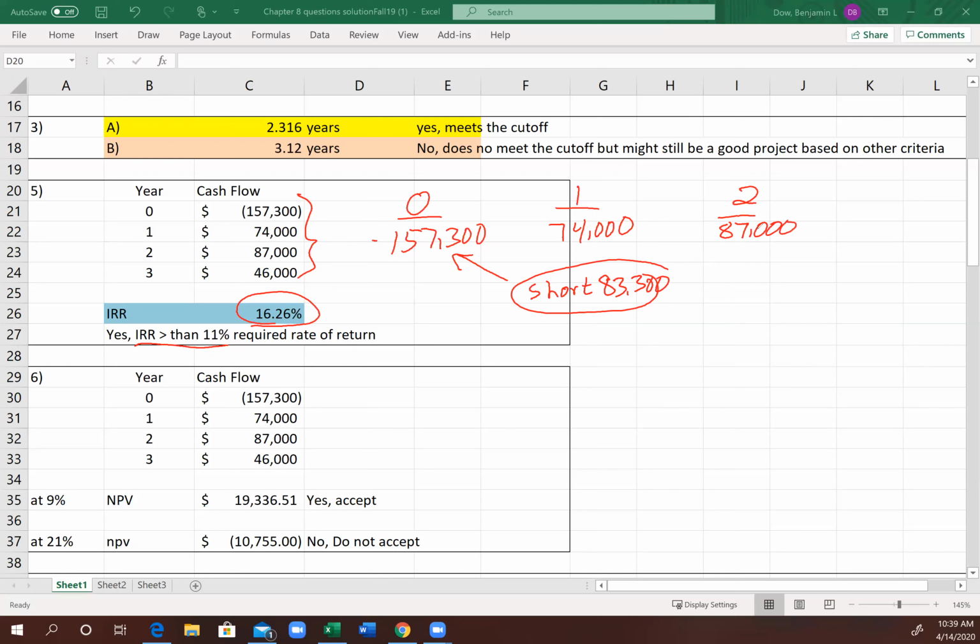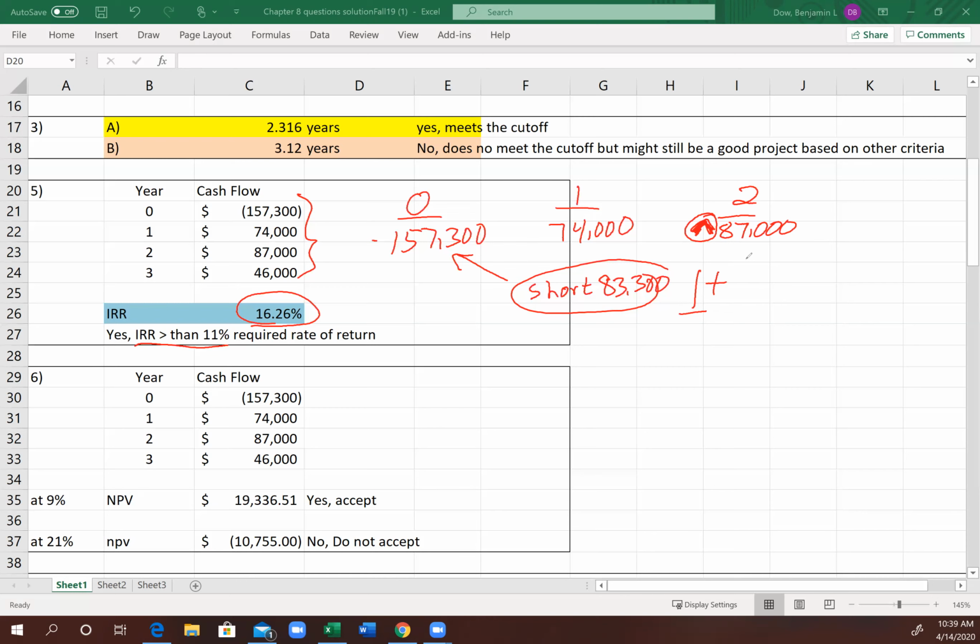So actually you expect to get paid back, if we assume this comes in on a daily or weekly or monthly basis. If we're some restaurant, we might expect this to come in on a daily basis over the year, but we just put it at the year at 87,000. It's actually money coming back in every day. So the payback period here is going to be less than 2 years.